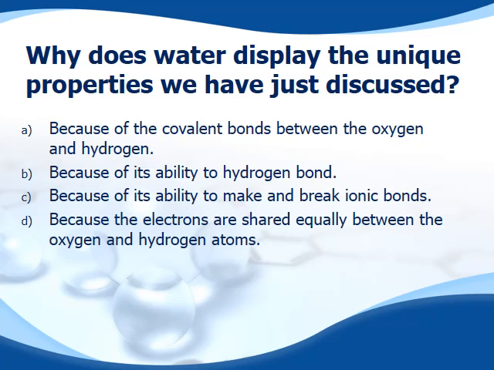The fourth property of water is that it is a good solvent. A solvent is the gas or liquid in which a substance is dissolved. Let's look at the example of dissolving table salt in water. When placed in water, ionic compounds such as NaCl are broken down into separate Na positive and chloride negative ions.